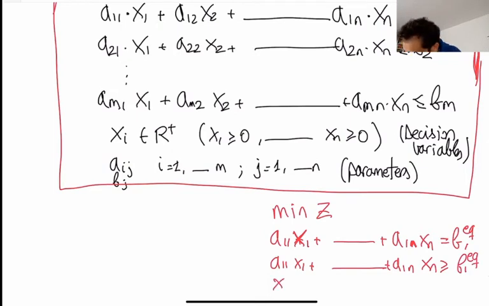Or our decision variables that are real negative. We will see how to transform these non-canonical ways of formulating a linear programming problem into the canonical one, right?